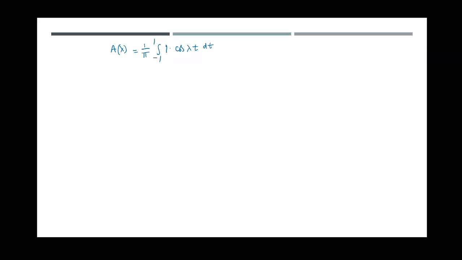That is equal to 1 by pi integral minus 1 to 1 cos lambda t dt. So here if you observe, cos lambda t is an even function.